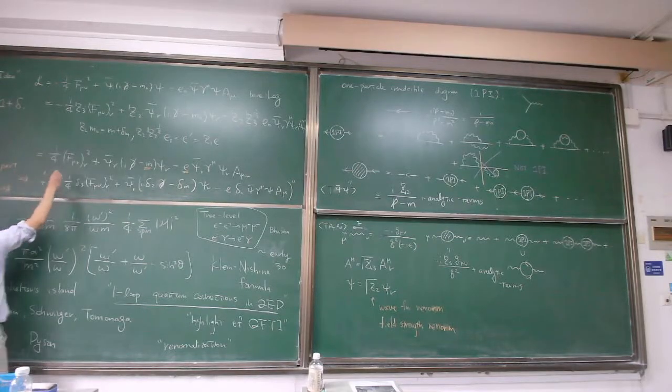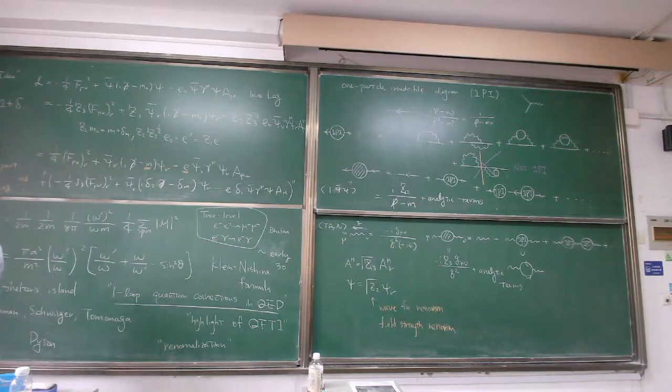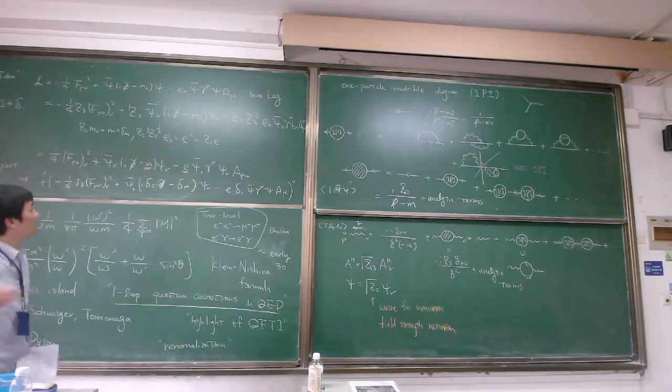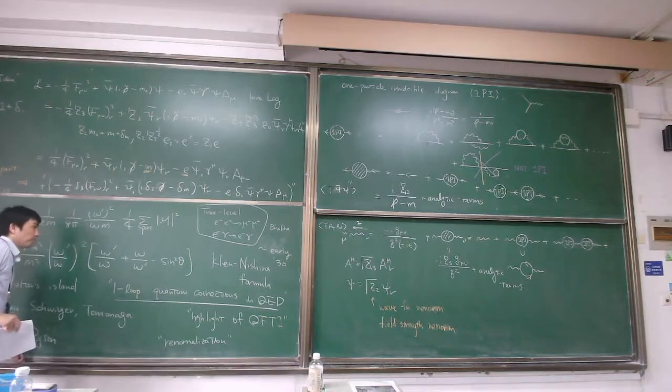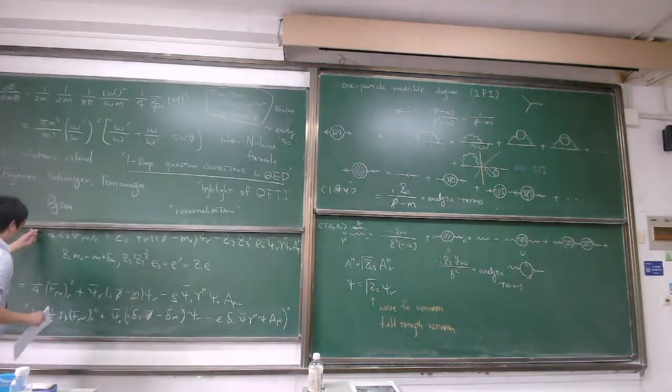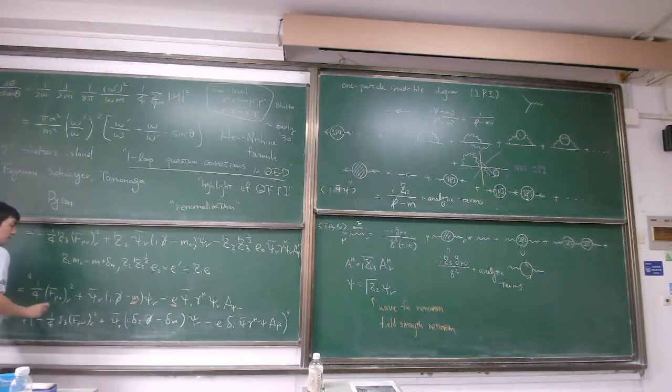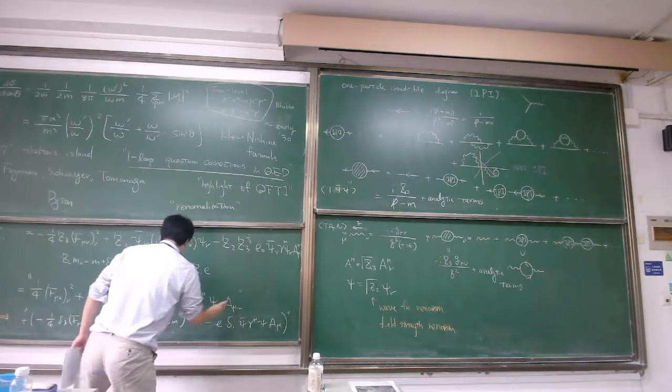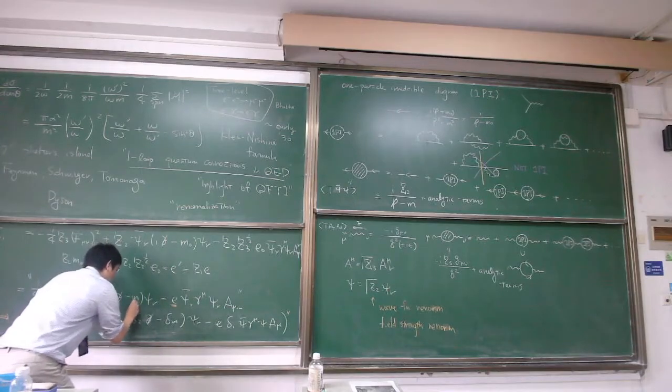This is the first part. Let's use the purple one. The purple one is the physical Lagrangian, so this is the physical mass.